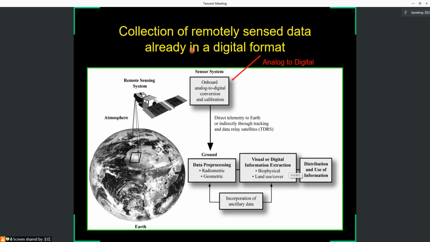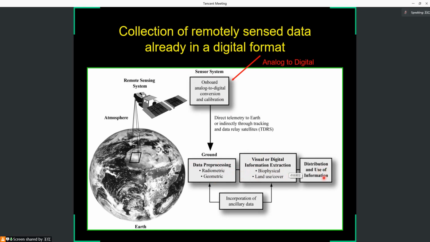This is the collection of the remote sensing data in digital format. Then by data processing we use the computer for digital information extraction, using any software. These two processes use software.